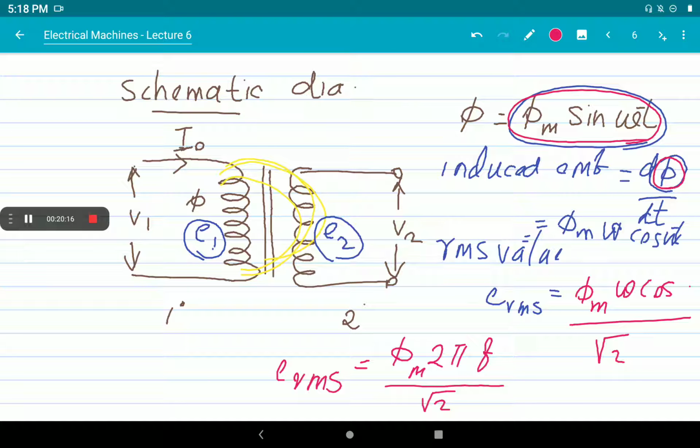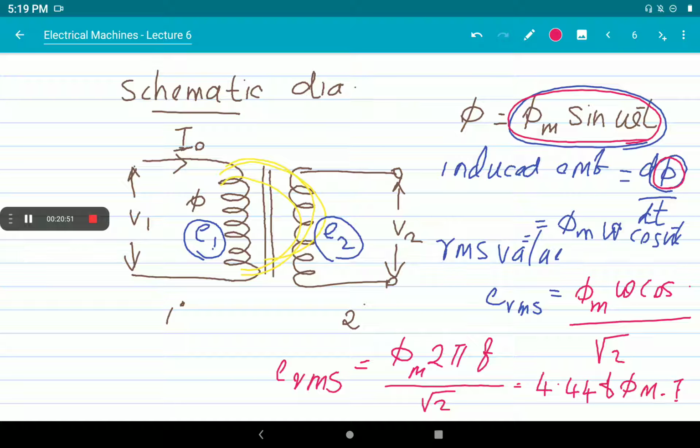Okay, so this is the equation for the RMS value of the induced EMF. This value is 4.44 into f into phi m. So the induced EMF equation of a transformer is E, which we can write as E T.